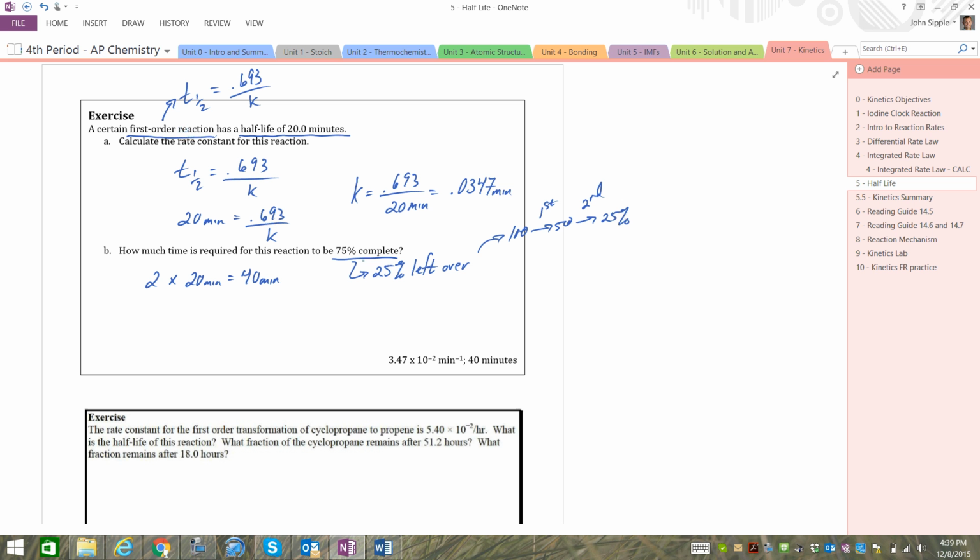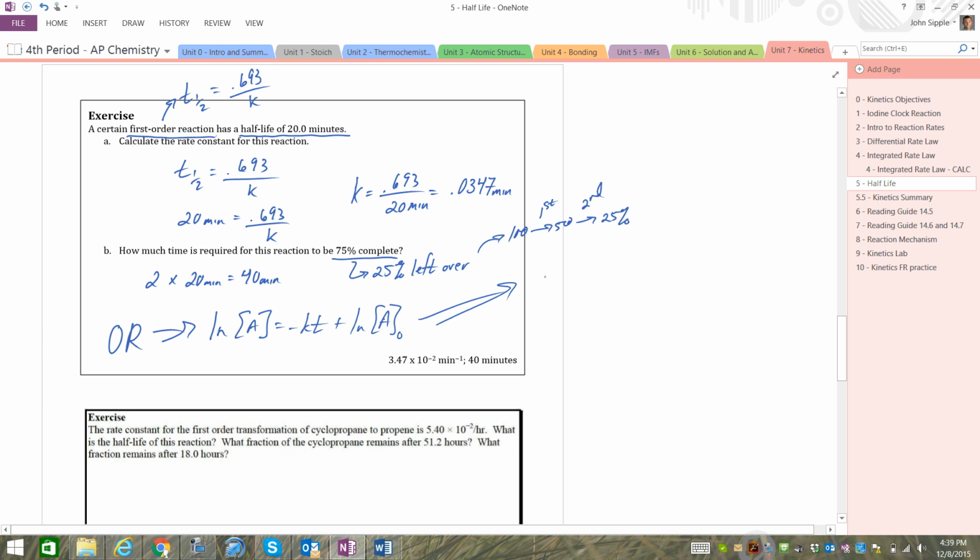You can do it like that, or we can do this another way, using our rate law equation. I'm just going to move this over here because it doesn't have enough space. The natural log of the concentration of A minus the natural log of the concentration of A at time 0 is equal to minus KT.